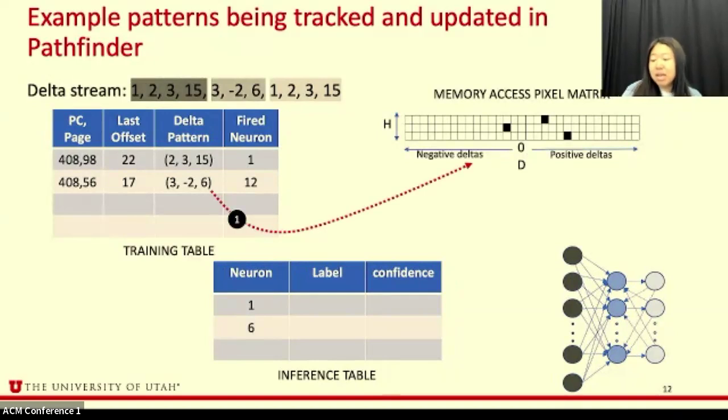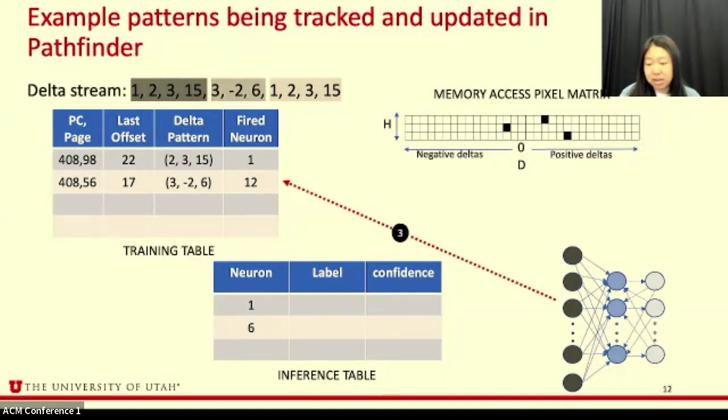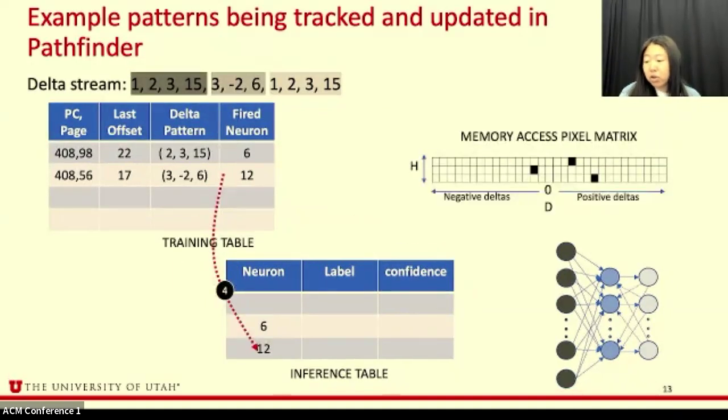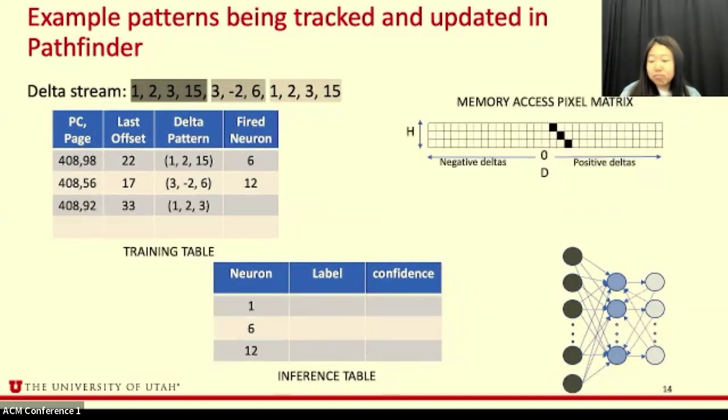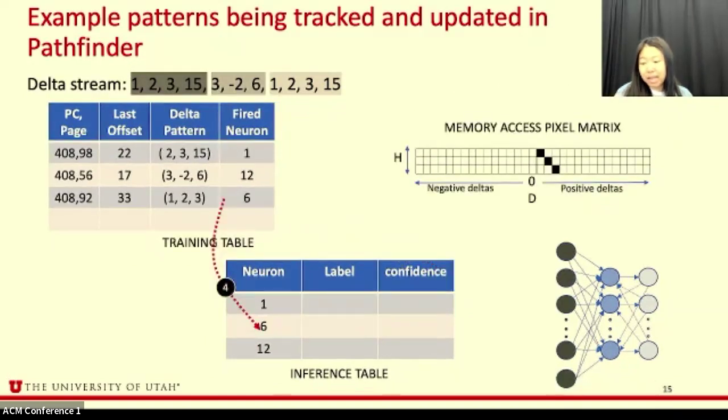We will keep seeing new patterns coming in, convert them to pixel matrices, feed them into the SNN, and update the entries in the table. We follow the same steps for all these patterns. Sooner or later, we see the same pattern 1, 2, 3 show up again. Following the same process as previously, we find that the SNN triggers neuron 6 firing again, but there is still no label for that neuron yet.